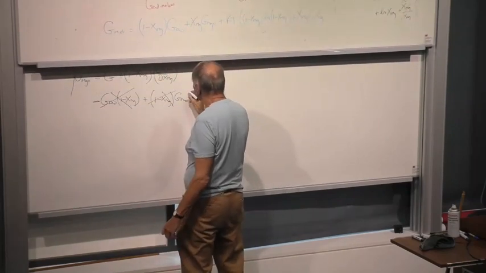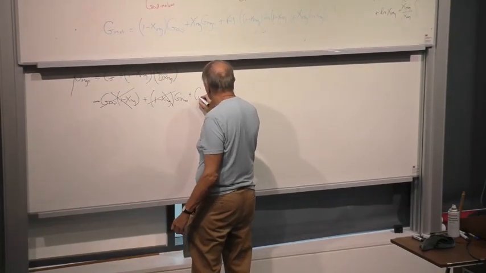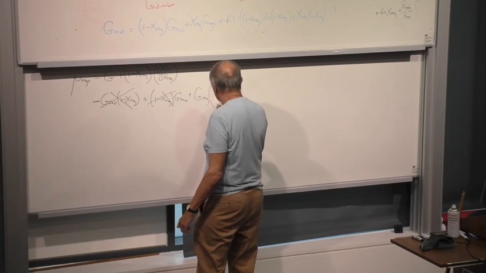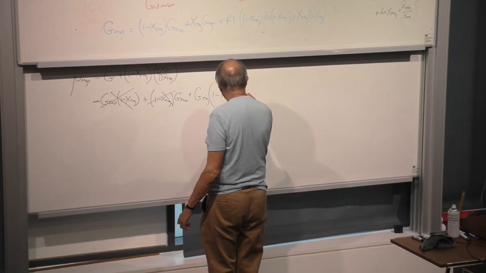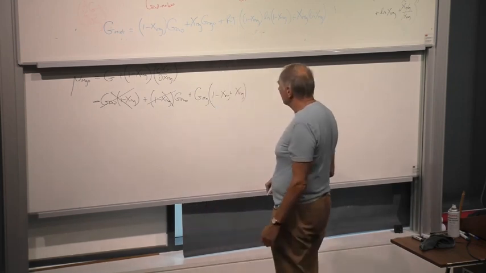So we add that. So 1 minus x plus xMg, so that's obviously just 1.